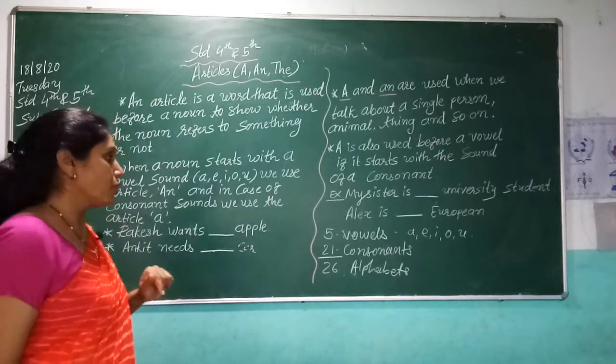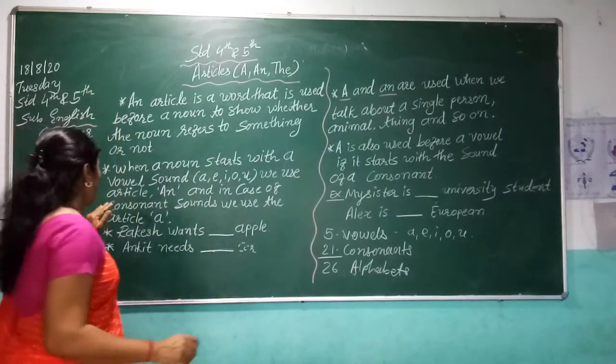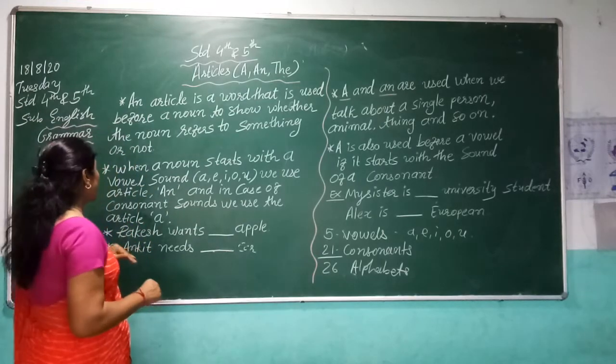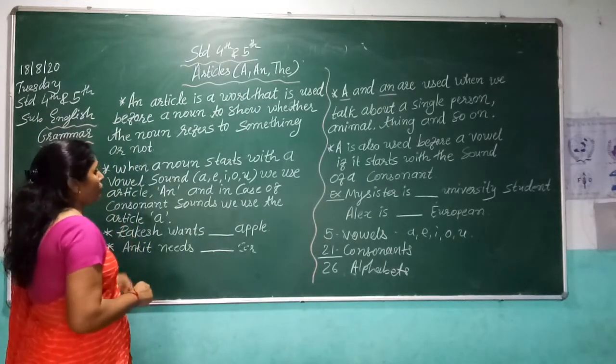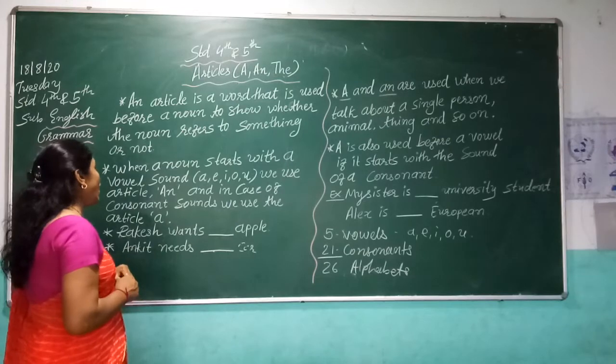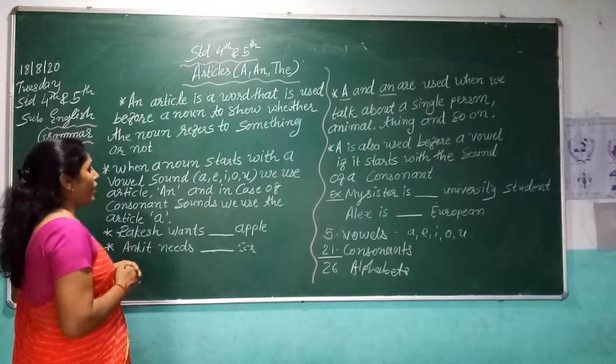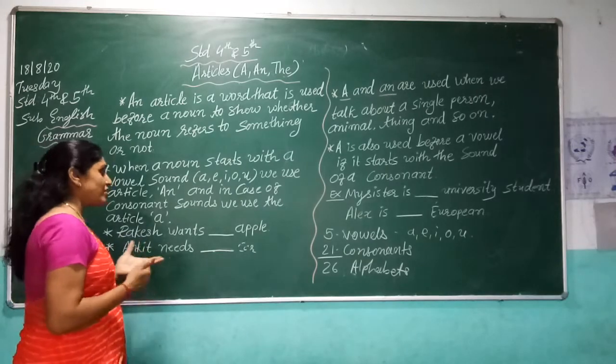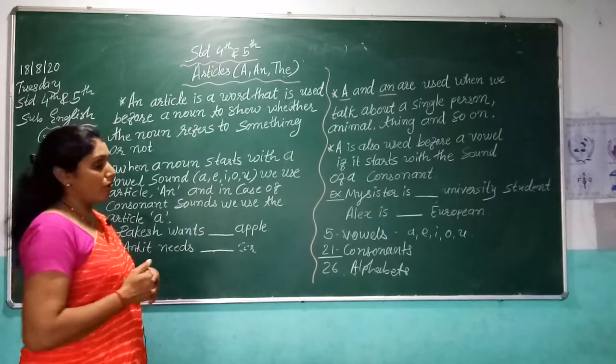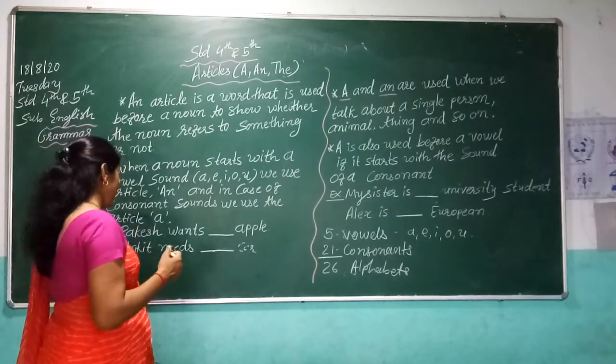Understand? So when a noun starts with a vowel sound, we use the article an, and in case of a consonant sound, we use the article a.